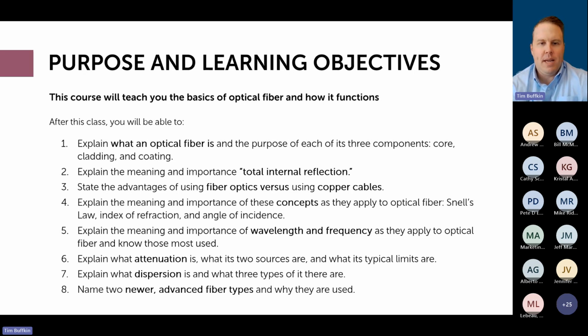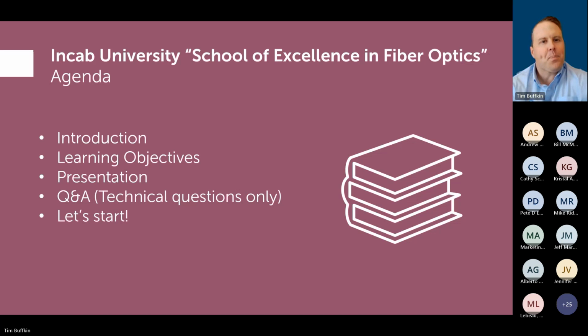We'll look at the meaning and importance of a few different concepts: Snell's law, index of refraction, and angle of incidence. We'll also talk about wavelength and frequency as they relate to a fiber and how they're used. Then we'll talk about attenuation and dispersion, and get into the performance of the fiber itself. As we wrap up, we'll talk about some newer, more advanced types of fiber that you can find in the market.